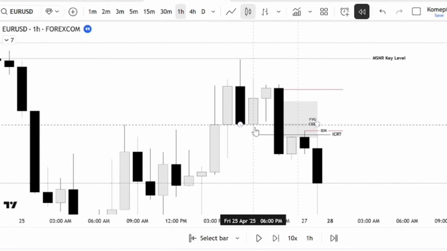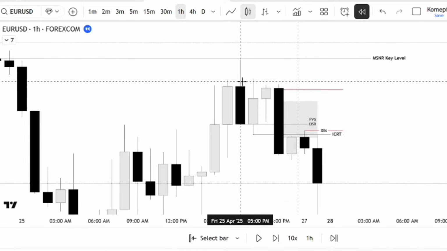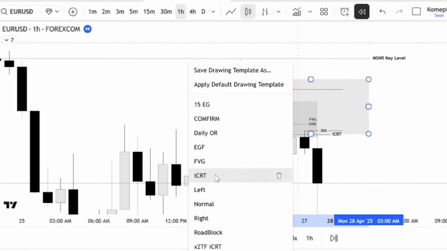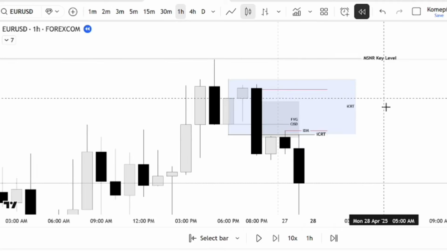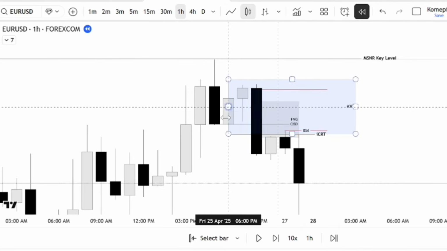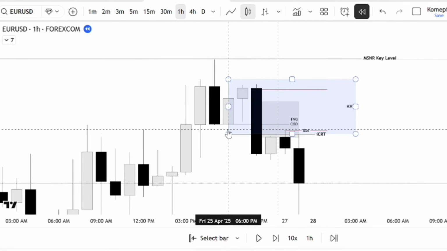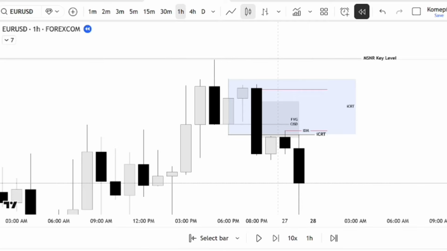However, look at this. This is our iCRT, and this is the whole zone for the iCRT level. So in this scenario, what do I do? I'm not going to wait. I'm going to pick a zone inside my iCRT zone level. So in this scenario, where is it?